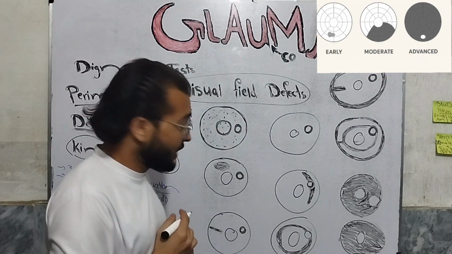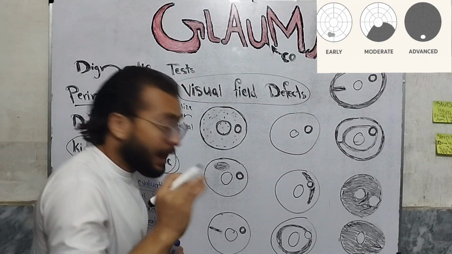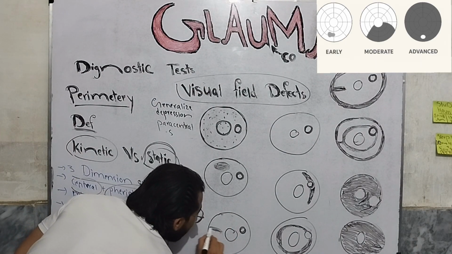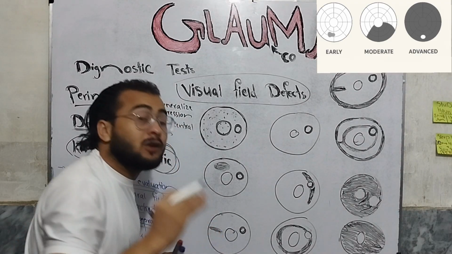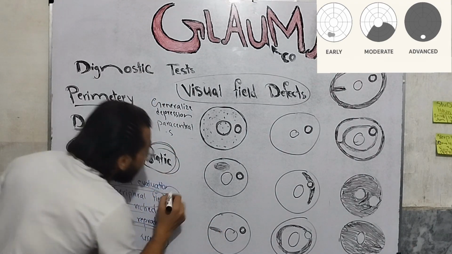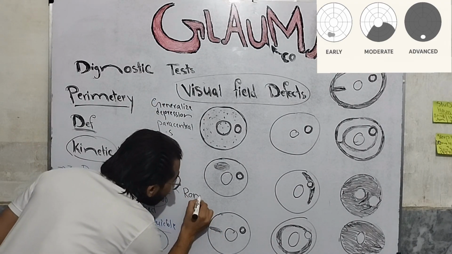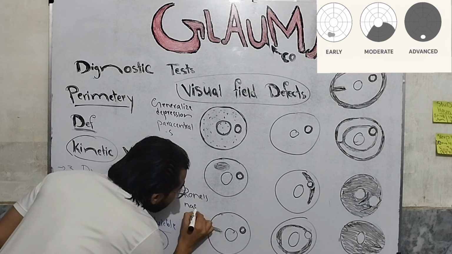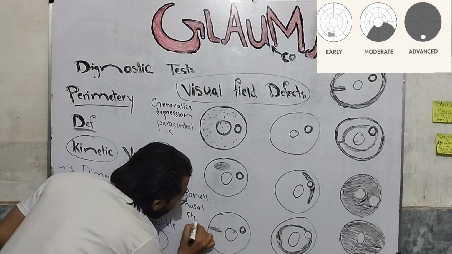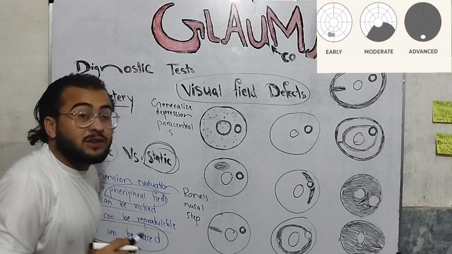In the early field defects, we can have a visual field defect in a line. This is called Ronne's nasal step, as it is in the form of a step.